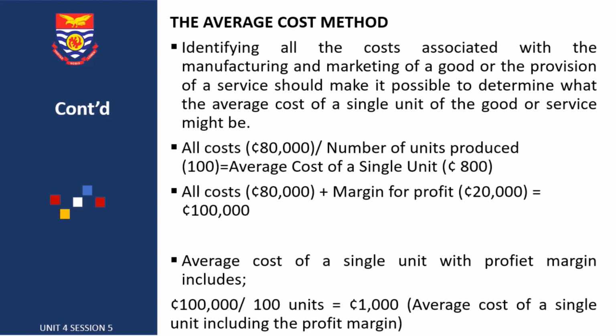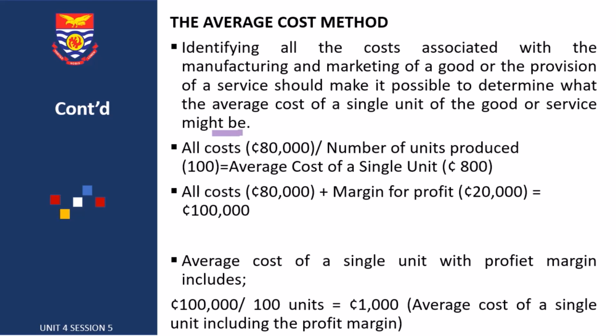The average cost method. Identifying all the costs associated with the manufacturing and marketing of a good or the provision of a service should make it possible to determine what the average cost of a single unit of good or service might be. Let us look at this critically.